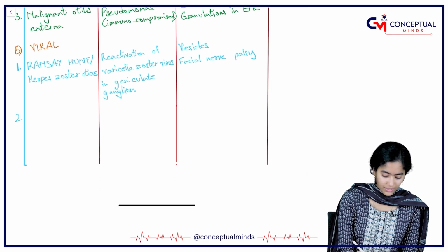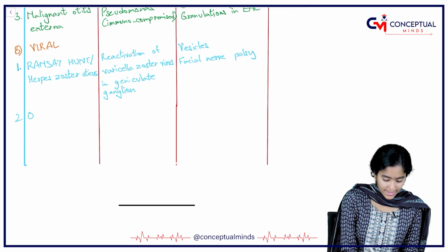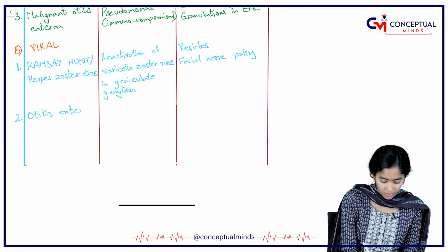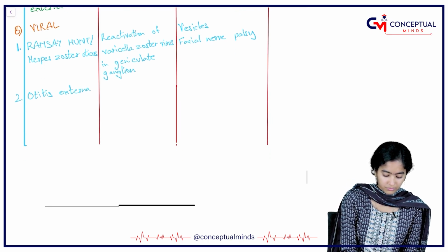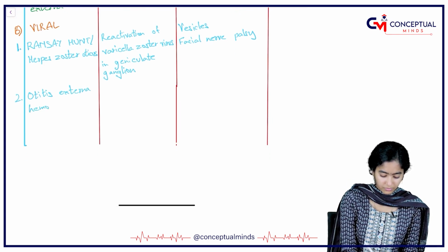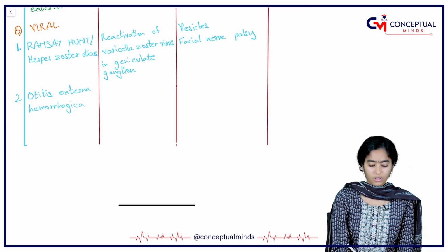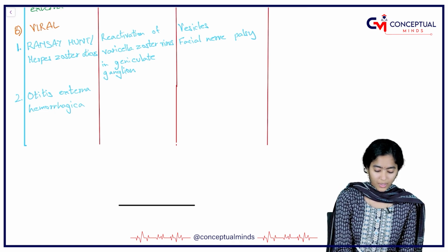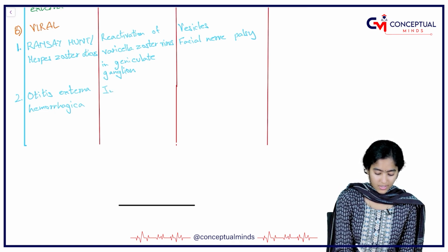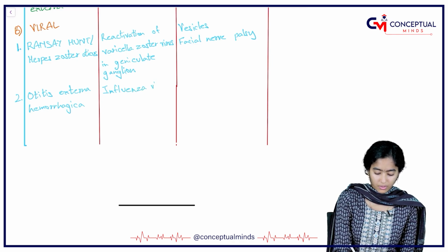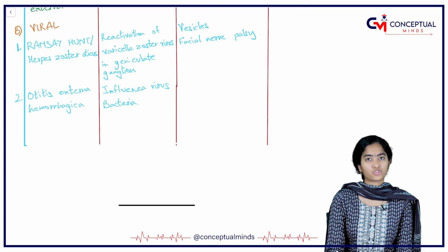Next in this category we have otitis externa hemorrhagica. It is caused by viruses such as influenza virus, and also some bacteria. It is not exclusively a viral condition.